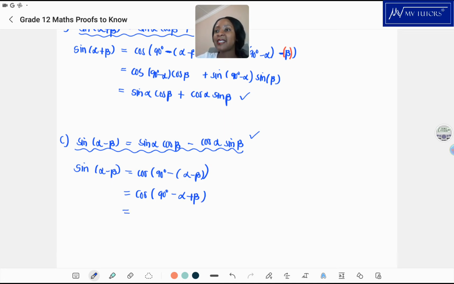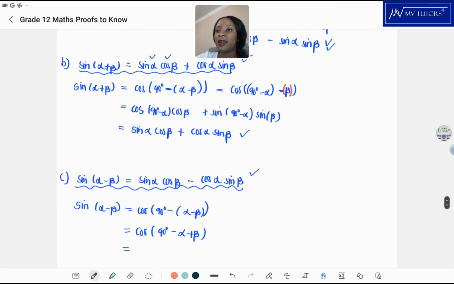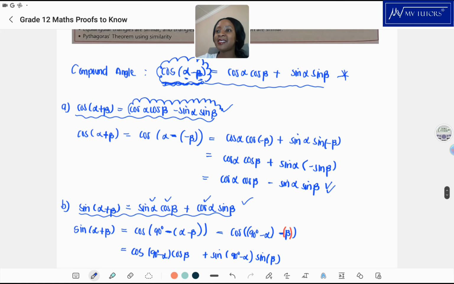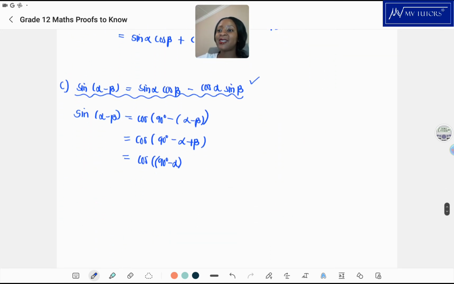Okay, and similar to what we did there at B, I will be taking cos 90 minus alpha as one angle. And then because, guys, we need to maintain this one angle minus the other angle story, okay? So I'm going to take a negative out, so this has to be a negative beta.